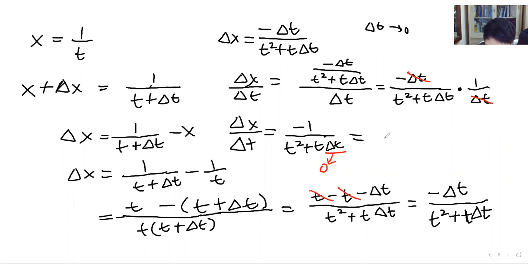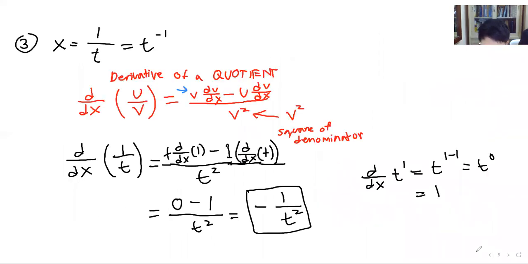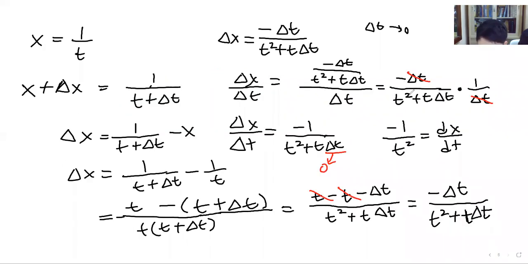So this equals negative 1 over t squared. Be careful with the conventions of negative 1 over t squared. Yes, we have the same answer. That's correct.